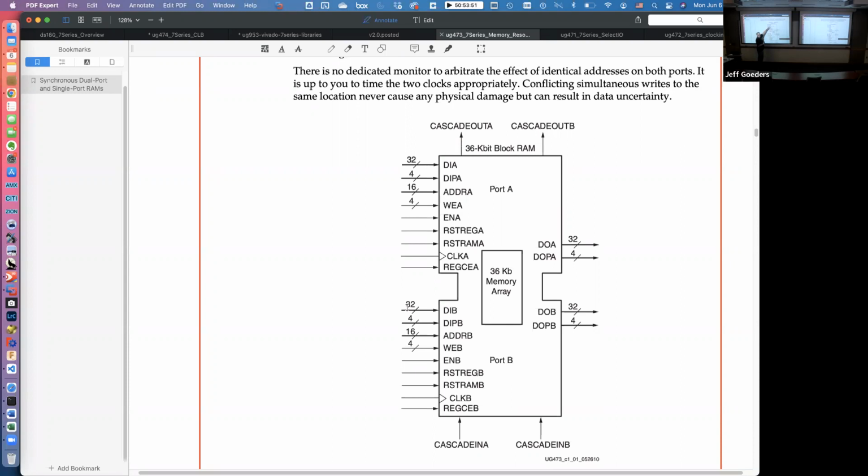What's 2 to the 16? 65,000, right? 64K. So that many address lines implies there's 64 kilowords in here, which is more than the 32 kilobytes that we get. But also, well, you can't have 64 kilowords and have them all be 32 bits wide. So what in the heck is going on?